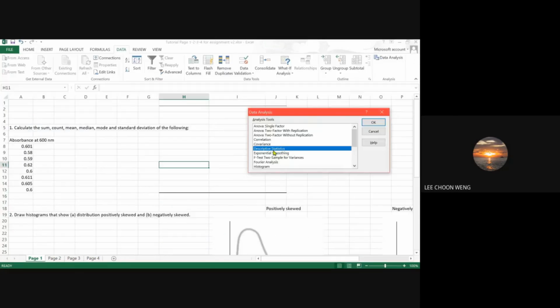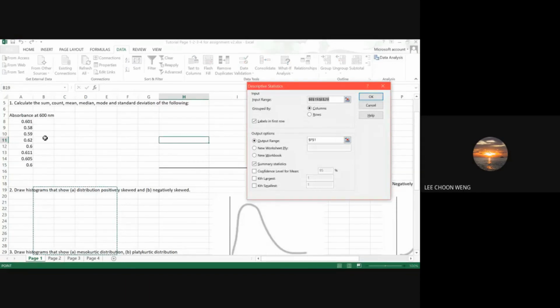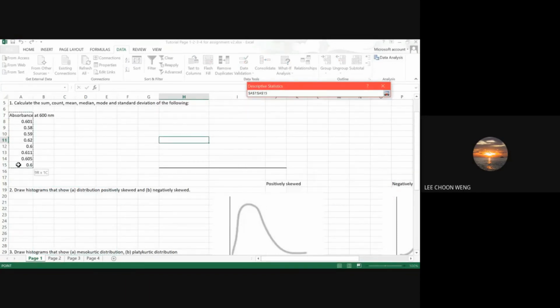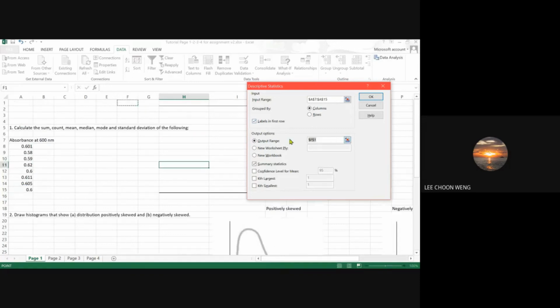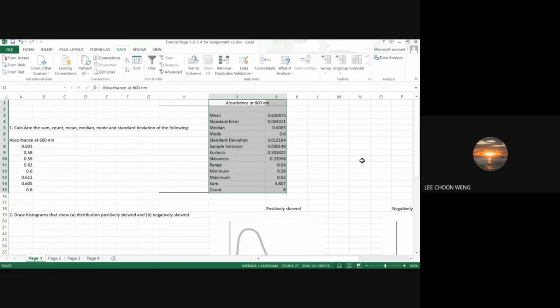This is what I did. Descriptive statistics. I highlighted the input. I put labels in the first row, and the output, I'll put it here. I click on the summary statistics to give me the summary stats. Usually we just use the mean and the standard deviation. But sometimes it's good to know the count.